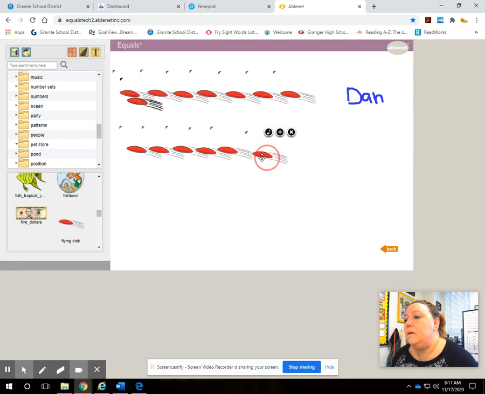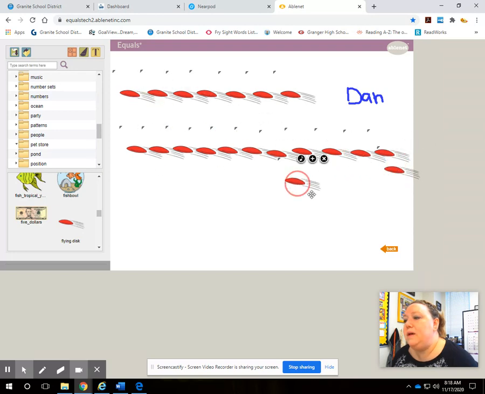oh, that's a lot of discs, right? And it's a little bit easier if we move these up a little bit closer to see as well. But we can line these up with Dan's, and then we'll be able to see how many more Amal has, right? So I'm going to line these up just a little bit closer.